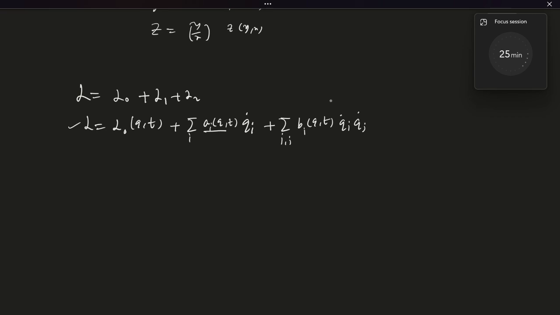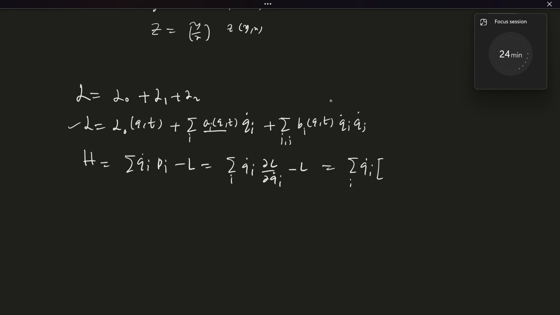If you can write the Lagrangian in this form, you can write the Hamiltonian. What is the Hamiltonian? It is q̇i pi minus L. That means q̇i ∂L/∂q̇i minus L. If you do this calculation, there will be a summation over i of q̇i.